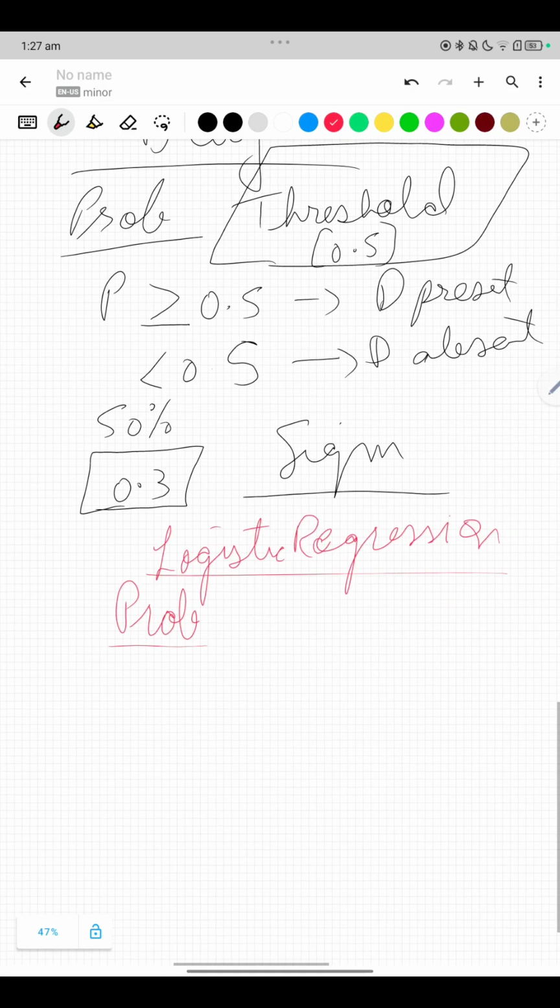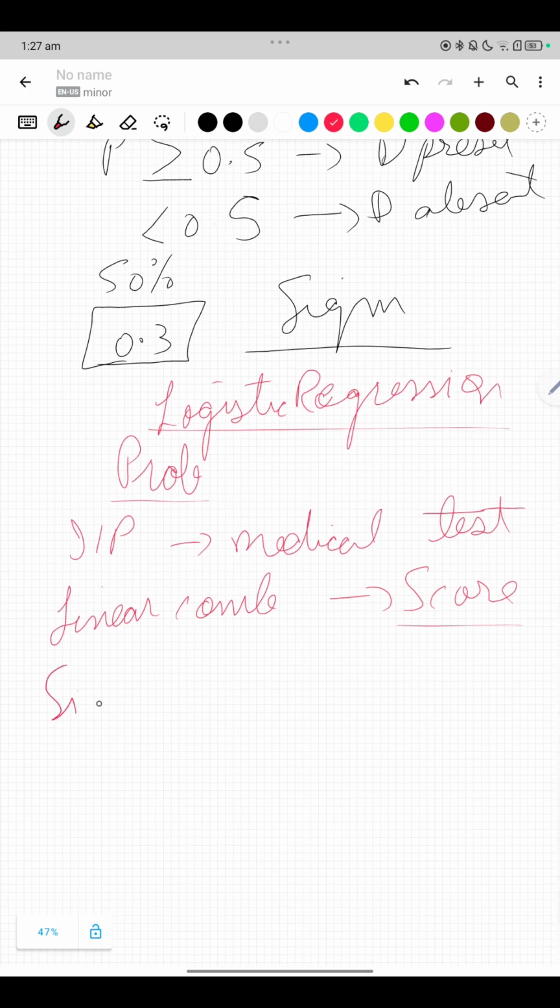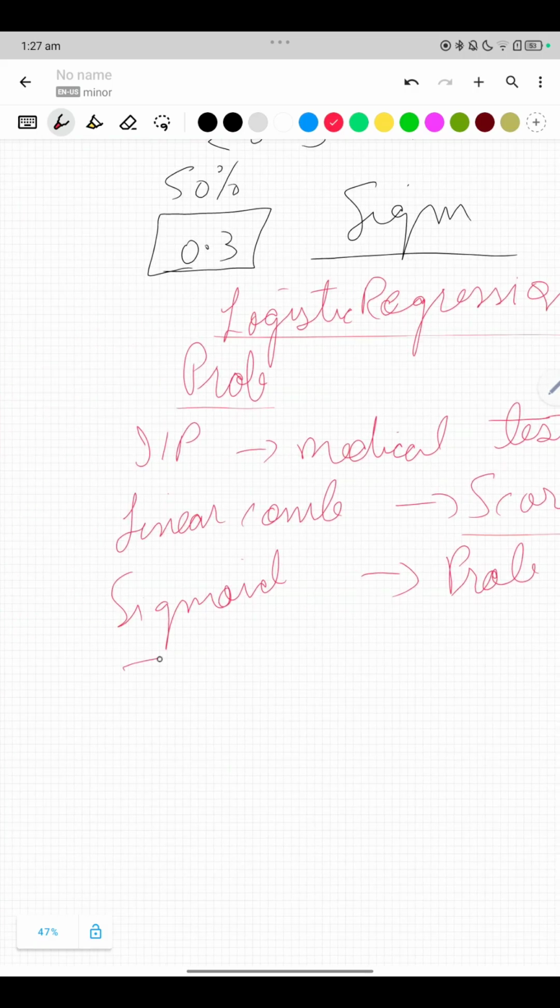By now we know that we have input data, which is the medical values, test values, of a patient. Then there is a linear combination, and that gives us a score. Then we apply the sigmoid function, which provides us with the probability, and the threshold at the end that we apply is going to give us a decision, right?